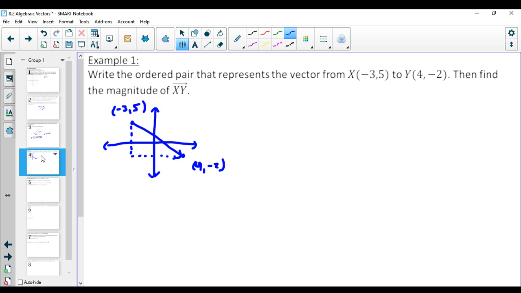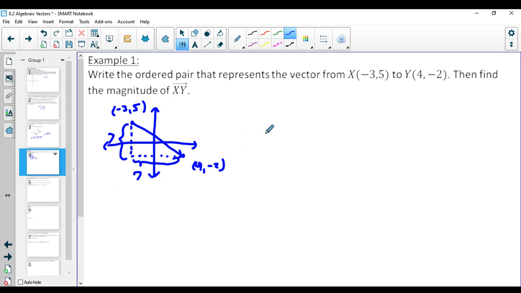So from -3 to 4, we go 7, right? This is the distance of 7. And from -2 to 5, we also go 7.